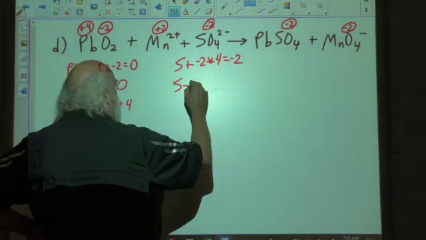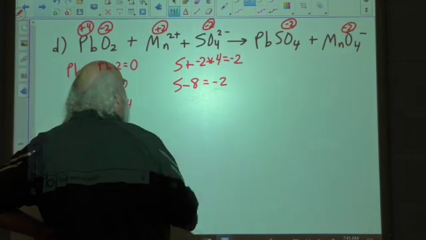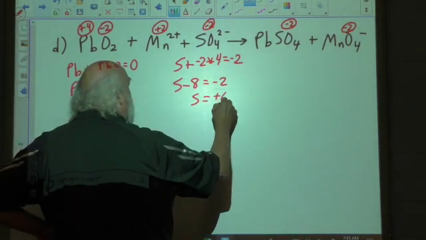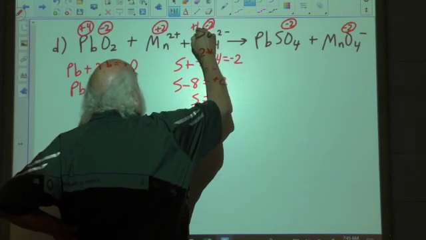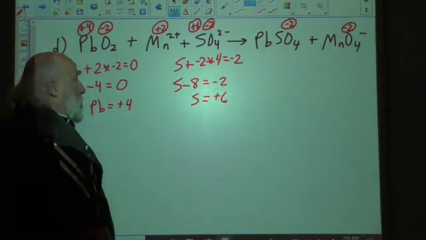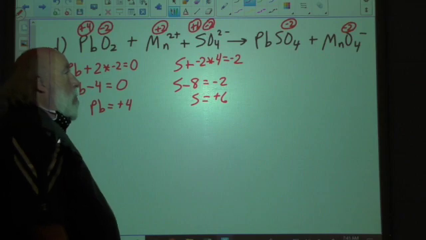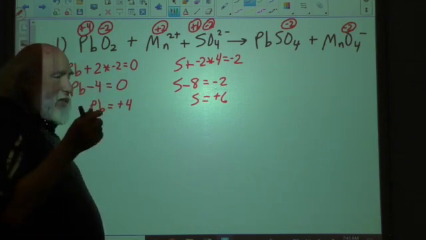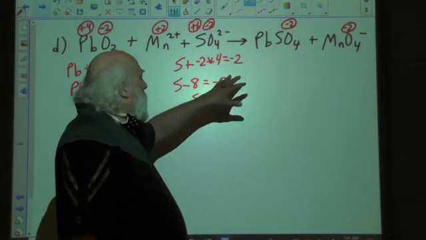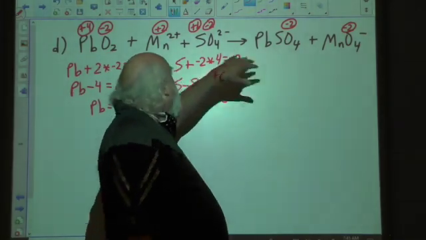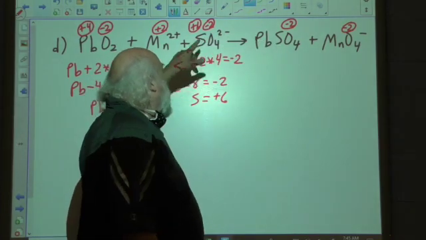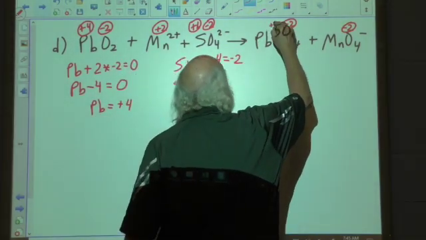So this becomes S minus 8 equals -2. And add positive 8 to both sides, S equals positive 6. Now, for this one right here, this is a little tricky, but you see that this is lead sulfate and this is sulfate. And because these are the same substance, we can go ahead and put our +6 right there.